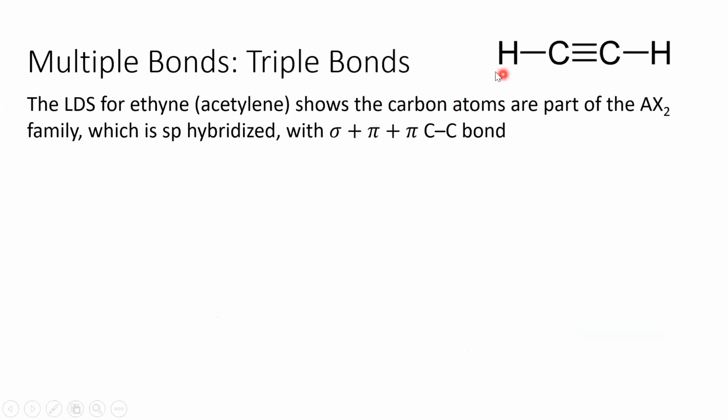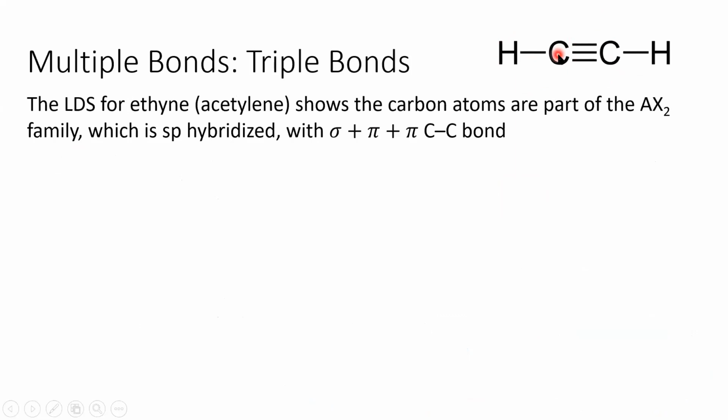Now, let's say we were to look at this structure here. What's the hybridization on carbon? It's the same on both of them. For this carbon and this carbon, what would the hybridization be? Put it in the chat. sp, right, because I've got two things coming off of each carbon.